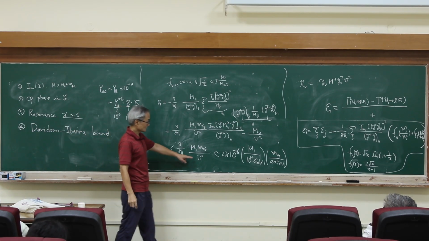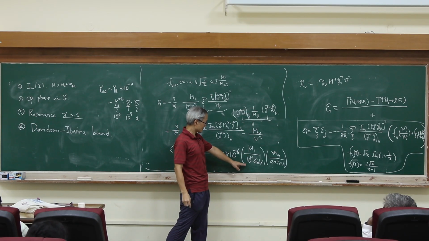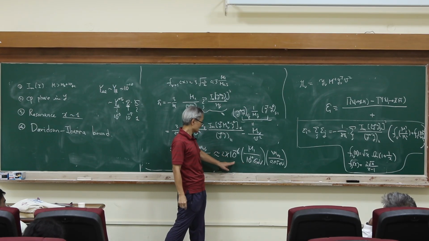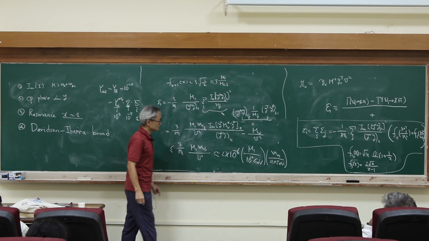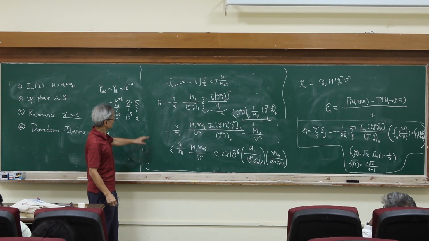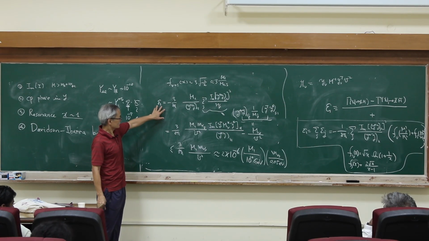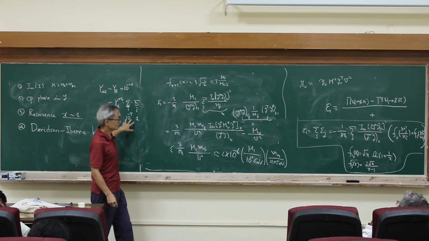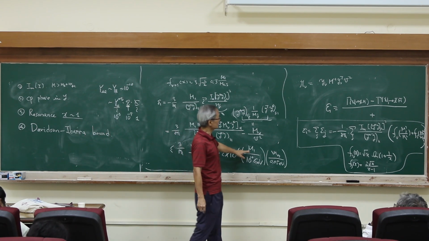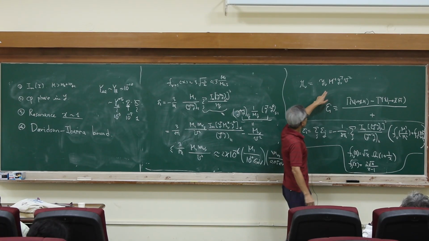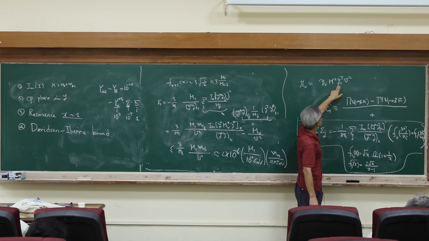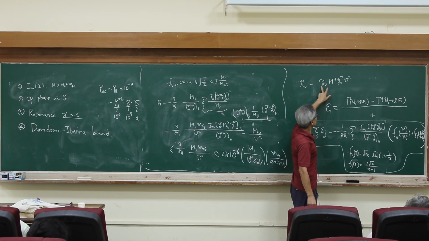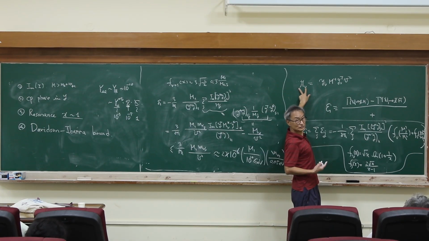Here, so if M1 is much smaller than 10 to the 10 GeV, basically our epsilon parameter cannot explain the baryon asymmetry. So M1 smaller means that the neutrino quark coupling should be small again to get the right neutrino mass.